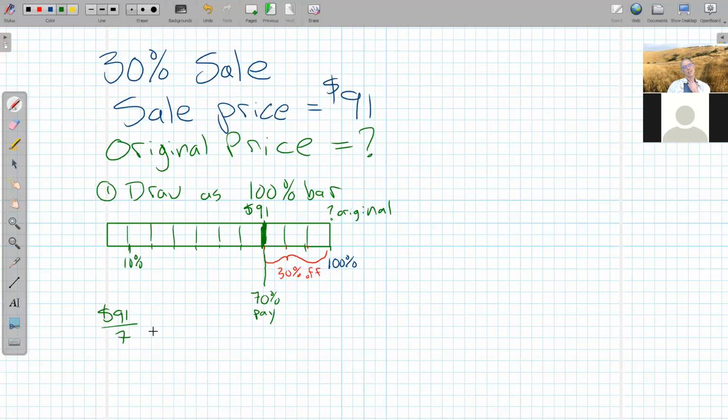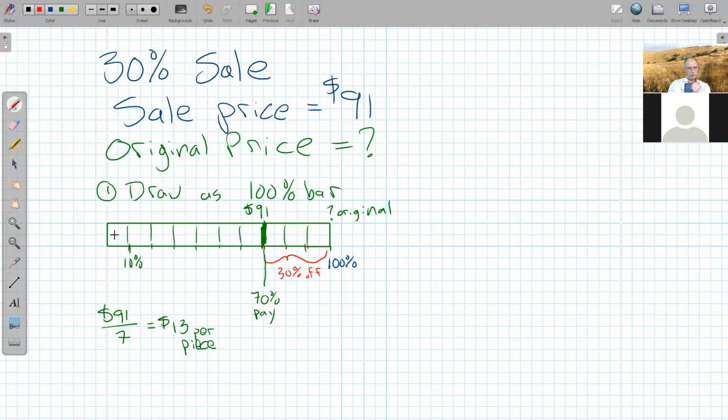And 7 goes into 91 how many times? 13? Is that right? Anybody? Yes. Okay. So we have now $13 per piece up there. So each of these is worth 13.